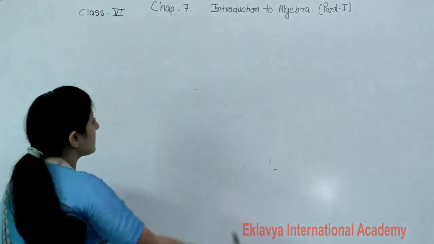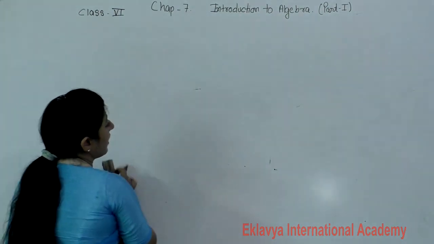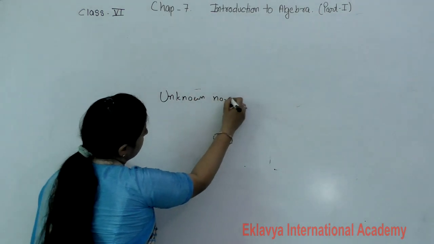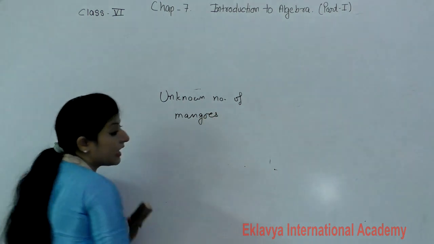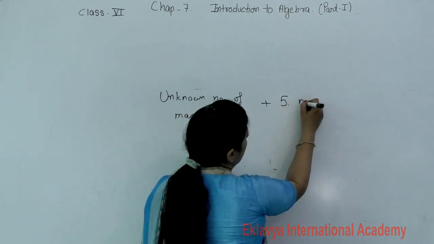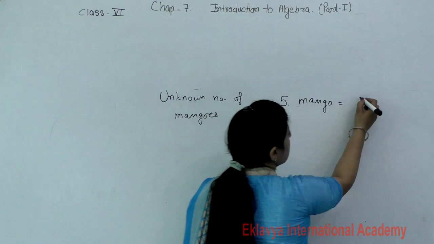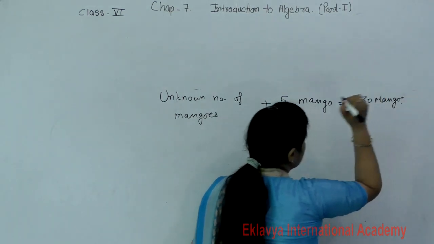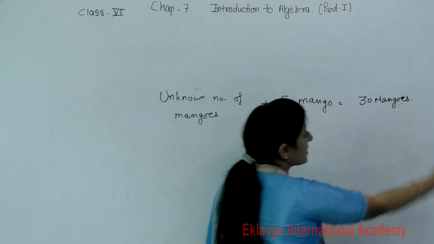See, suppose there is an unknown number of mangoes. If we add 5 more mangoes, then the total becomes 30 in number. Then can we calculate how many mangoes are in the basket?